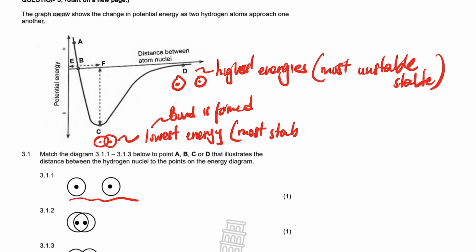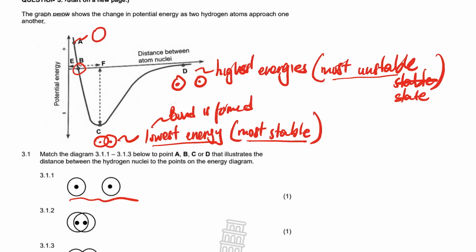They are most stable here. Here, highest energy, most unstable state, right? And then when it gets to B or A, at B they have high energy, but the highest energy they have, where there's more overlapping, is A, right?